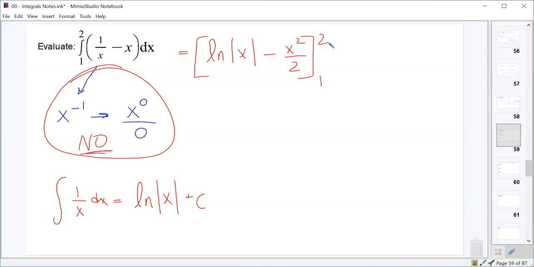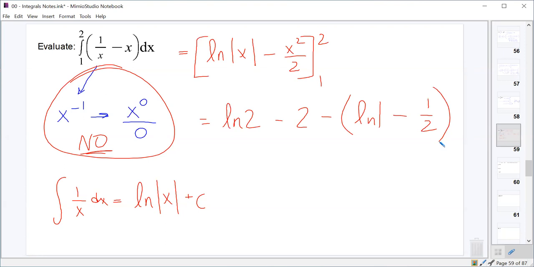And we'll evaluate from 1 to 2. That ought to just give us natural log of 2, now that absolute value is redundant, minus 2 squared over 2, which is 4 over 2, or 2. So we got natural log of 2 minus 2, and then minus, we've got natural log of 1 minus 1 squared over 2, or just minus half.